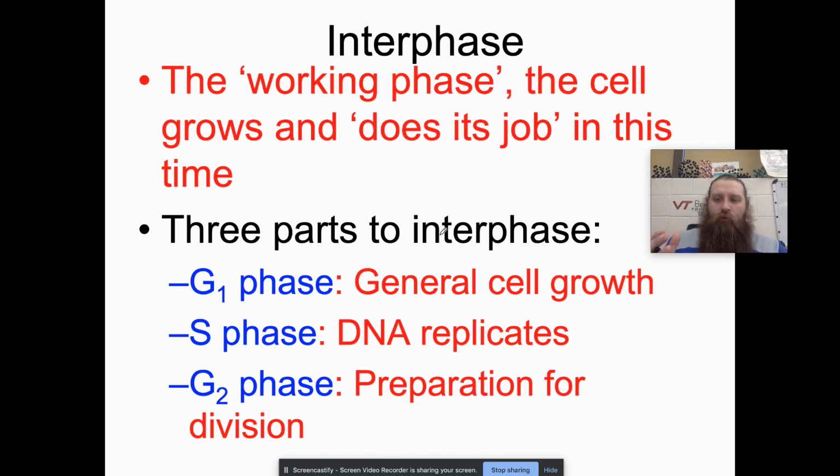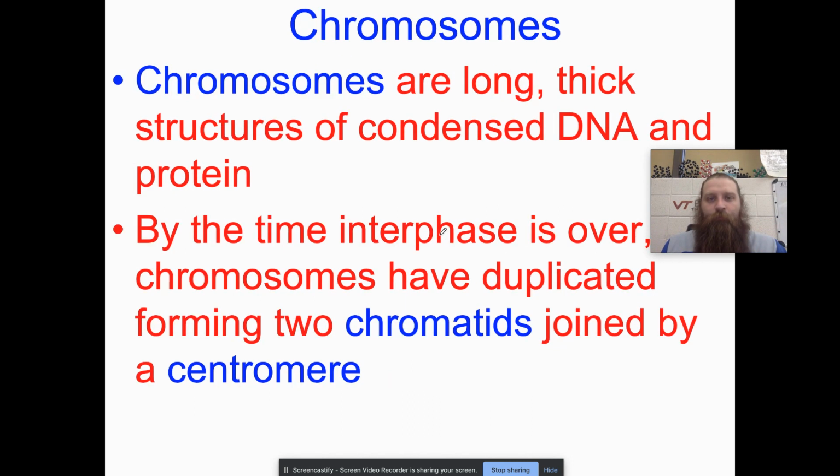Once it gets through the growth phase and it's mature, the right size, then the DNA is going to replicate in S phase, because when the cell divides, it's got to give a full copy of the DNA to each of the daughter cells. After the DNA replicates, you have the G2 phase. This is a second growth phase. It gets a little bit bigger and does a little more work as far as its job is concerned.